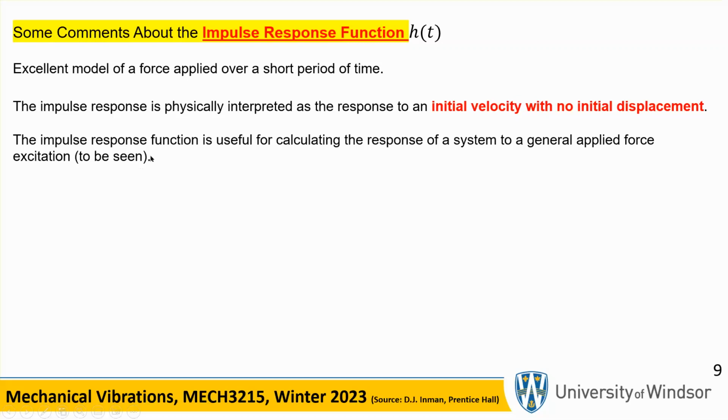Now you might say, okay, but not everything we're hitting with a hammer. What if the force that we apply is not actually an impulse, it's some arbitrary force? I will show you that if it's an arbitrary force, not an impulse, you can always represent that by a series of impulses.